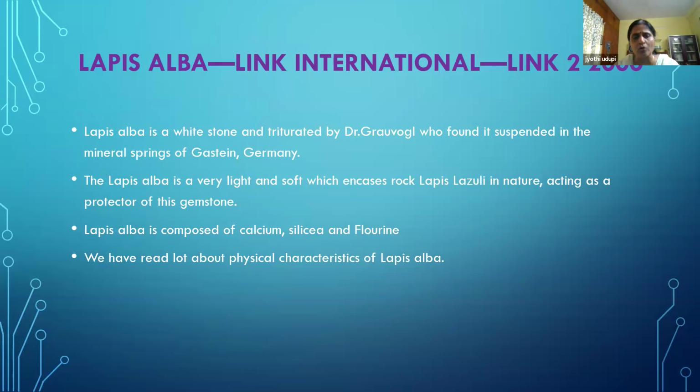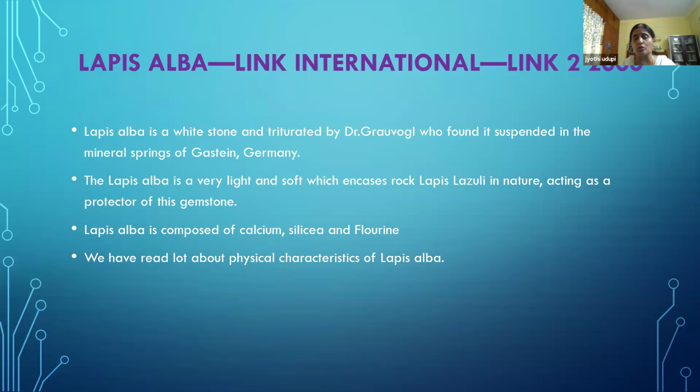Then I got one article in Link International. Lapis alba is a white stone triturated by Grauvogl, who found it suspended in the mineral springs of Gastein in Germany. Lapis alba is very light and soft, which encases the rock lapis lazuli in nature, acting as a protector of this gemstone.